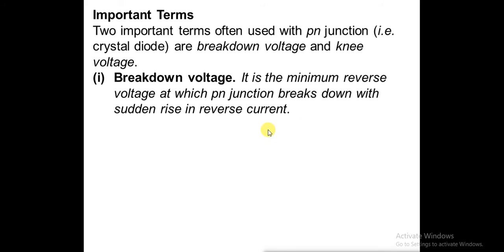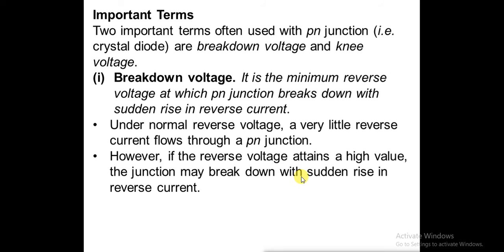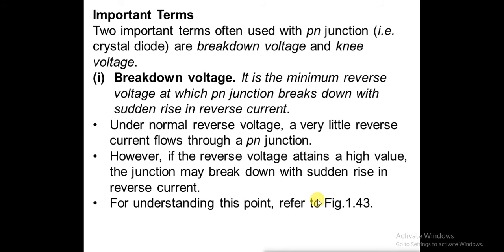So it is called the breakdown voltage. Under the normal reverse voltage, a very small reverse current flows through the PN junction. But if the reverse voltage attains a high value, the junction may break down with a sudden rise in the reverse current, and this may permanently damage the diode.